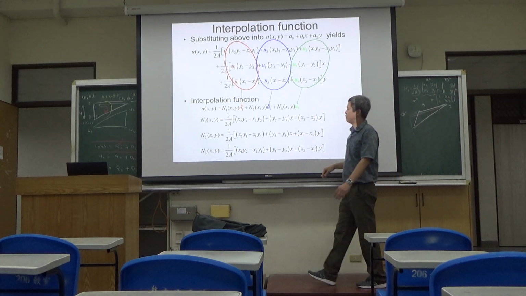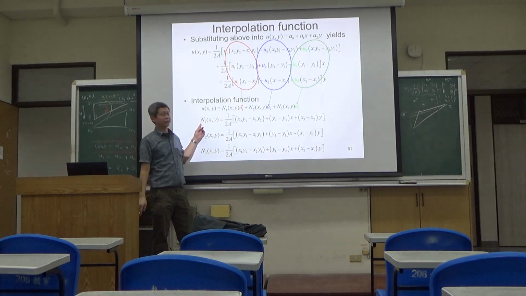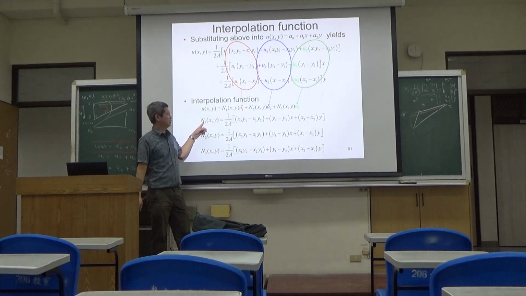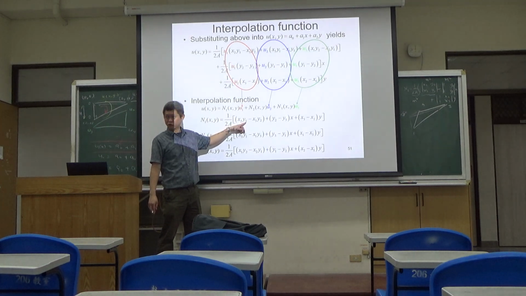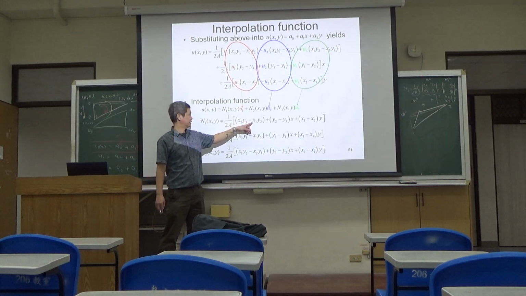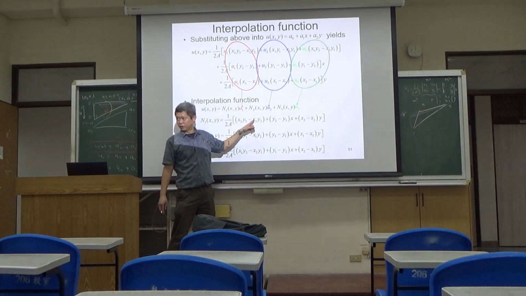So one way of memorizing this is the sequence. Shape function 1: this one is x2, y3, minus x3, y2. So 1, 2, 3, 3, 2.